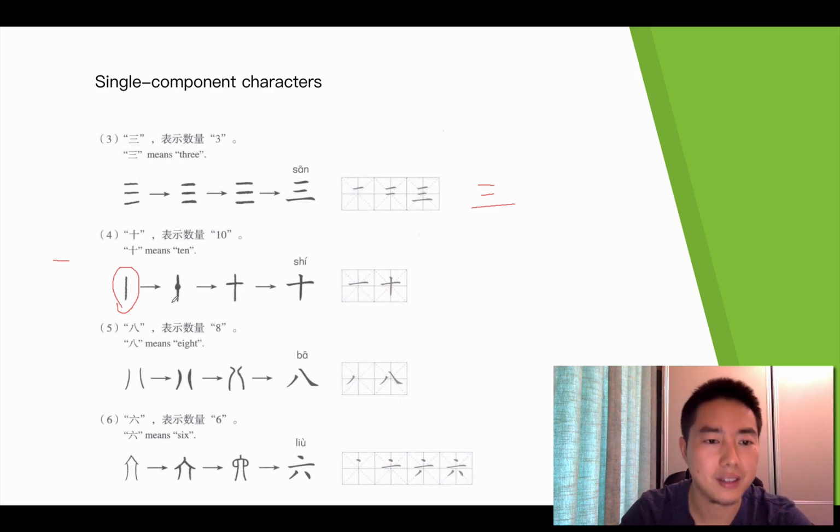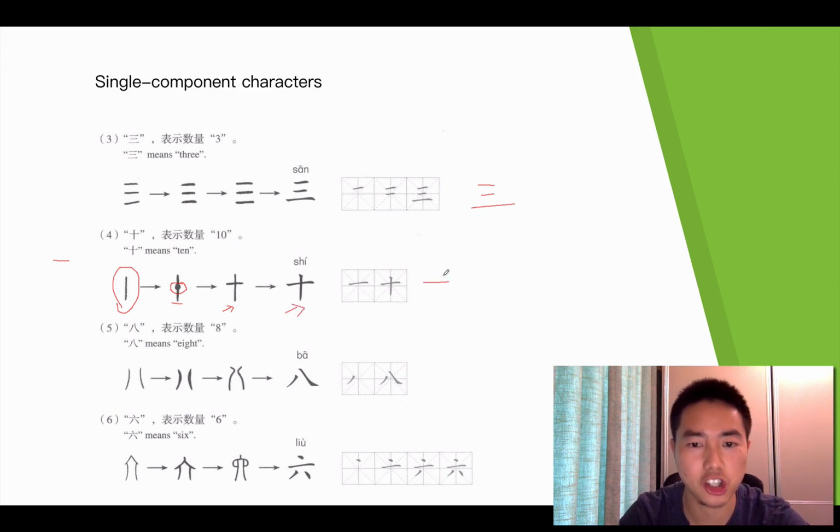So then they added a dot here, then they extended the dot, then made it become like this. So this is 10 in Chinese. It's called 十.